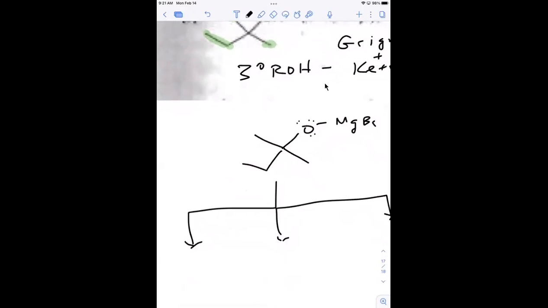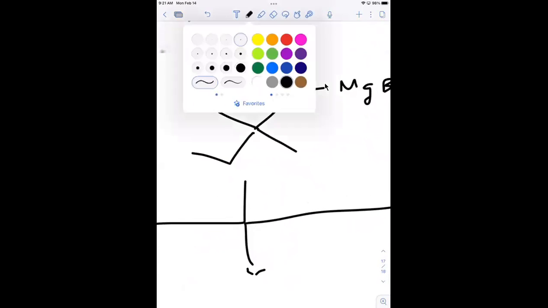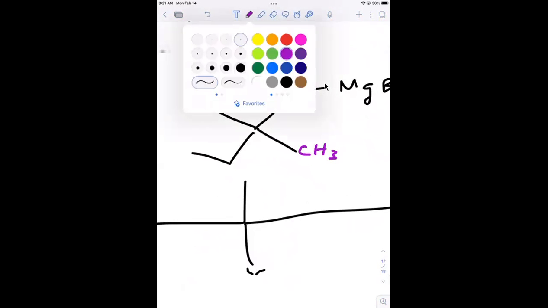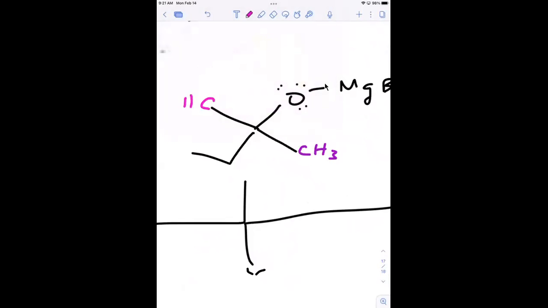Somebody put the arrows in to show how we would knock off, let me just give these different colors, how we would take off the purple CH3.